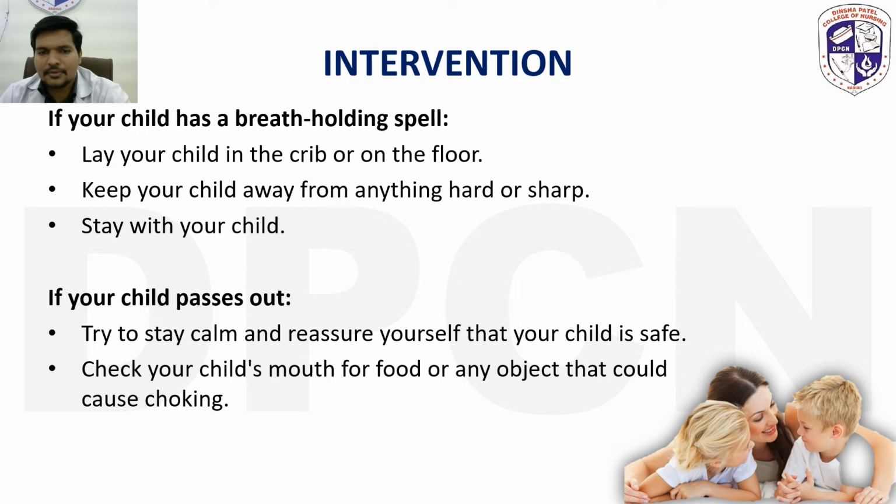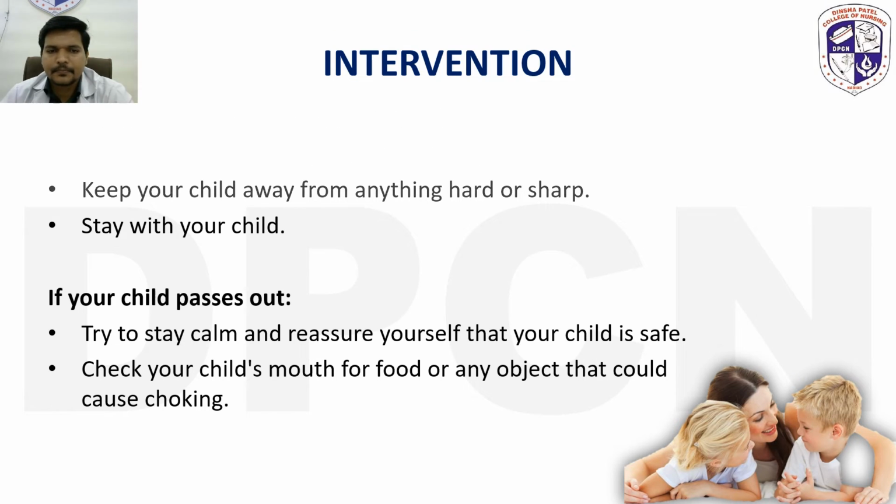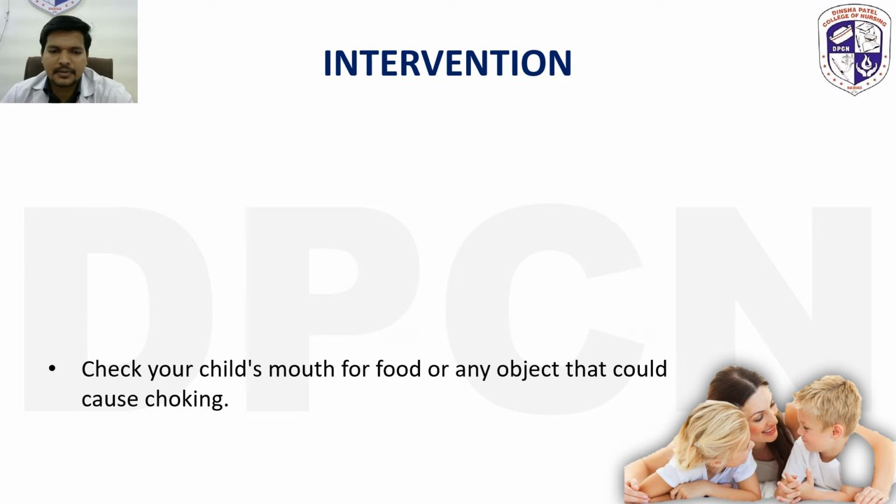If your child has passed out, try to stay calm and reassure yourself that your child is safe; do not worry or react at that time. Check your child's mouth for food or any objects that could cause choking. So these are the things you should be aware of.